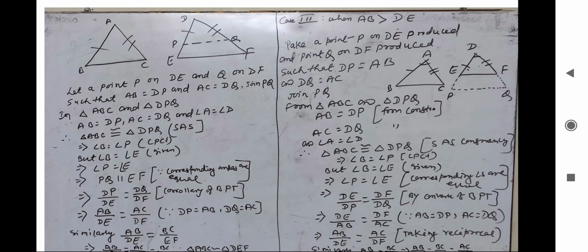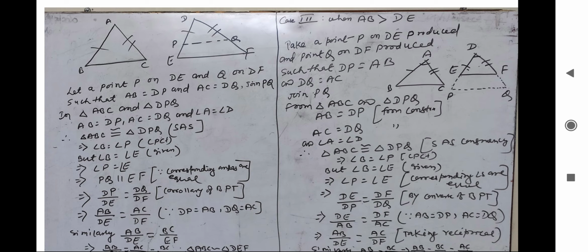In case third, when AB is greater than DE, we take a point P on DE produced, and DF produced to Q, such that DP equal to AB and DQ equal to AC.